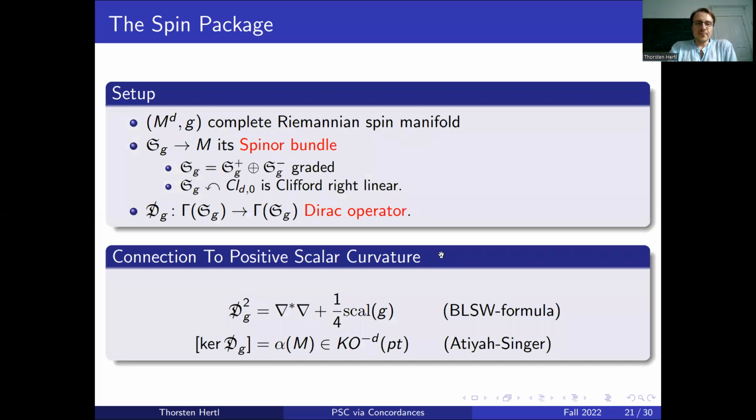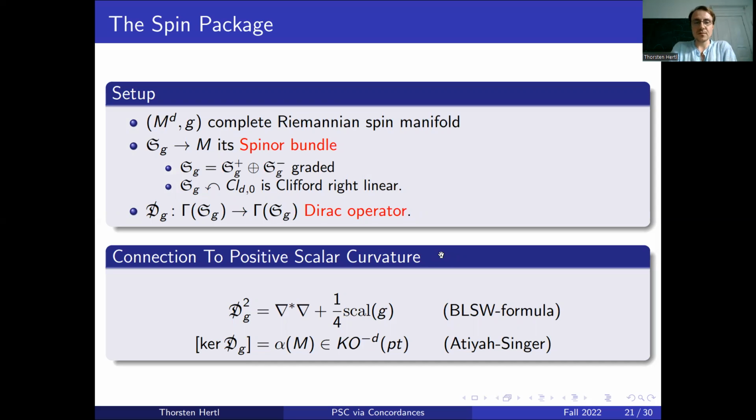So when I do index theory, I usually work in the following setup. I consider a Riemannian manifold, usually complete, and I assume that this manifold is spin. So this means this is even more than oriented. A manifold is spin if it's oriented and if its second Stiefel-Whitney class also vanishes.